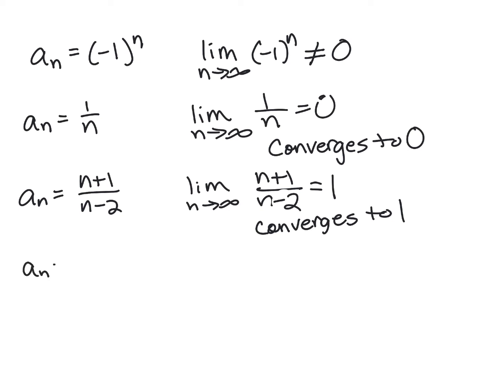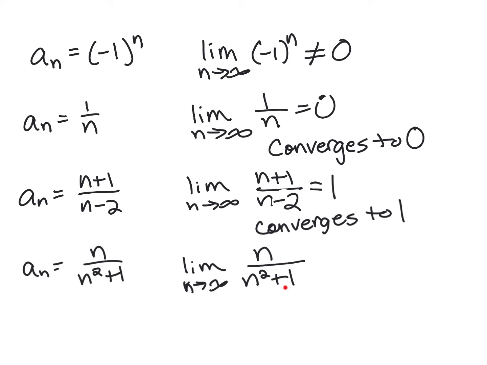A sub n, what if it's n over n squared plus something? Take the limit. You see the power of n is bigger on the bottom than it is on the top. So that plus 1 is negligible. And if you're looking at n over n squared, that behaves like 1 over n.